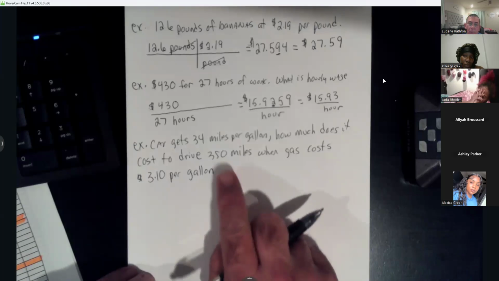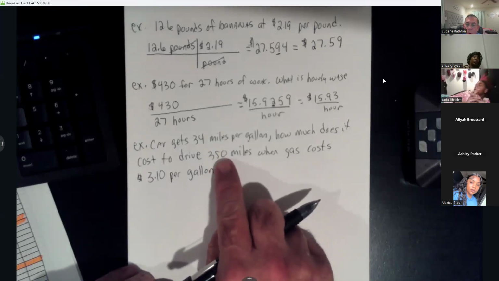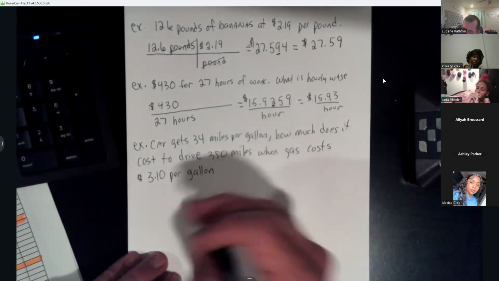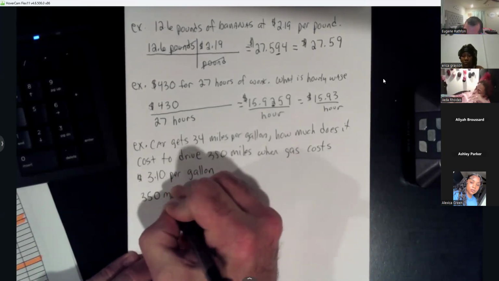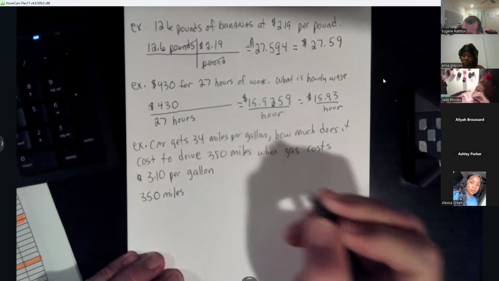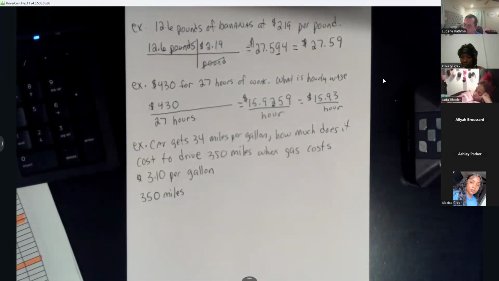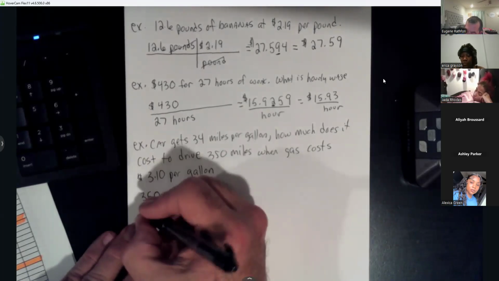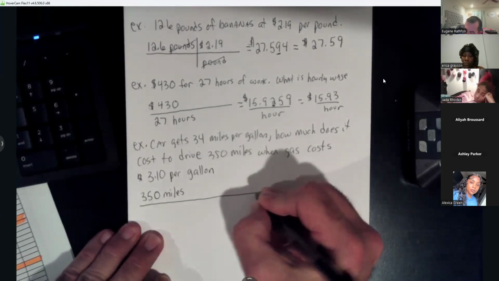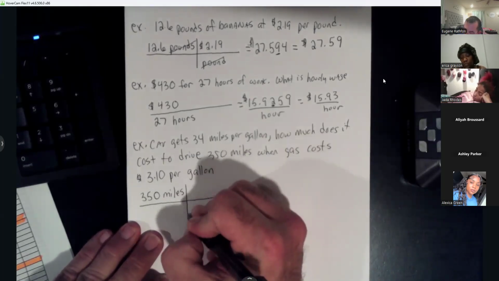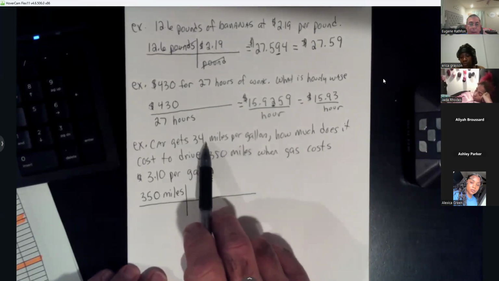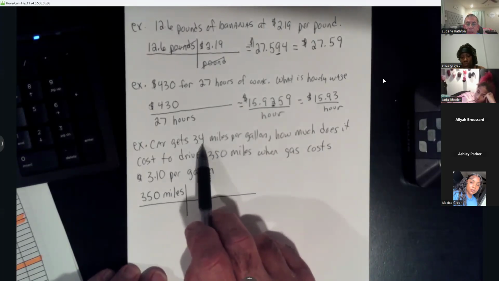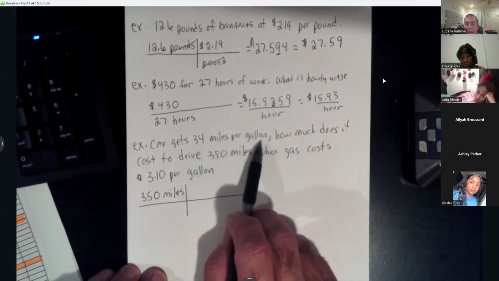All righty, so we know we're going 350 miles. So I'm going to start with that 350 miles. Right here it's telling me my car gets 34 miles per gallon.